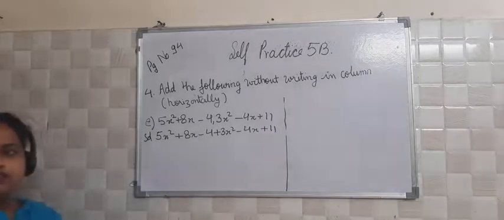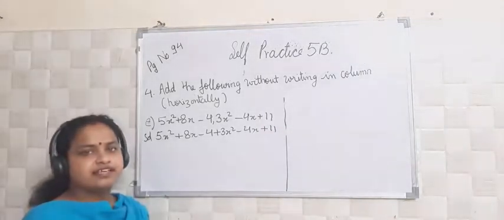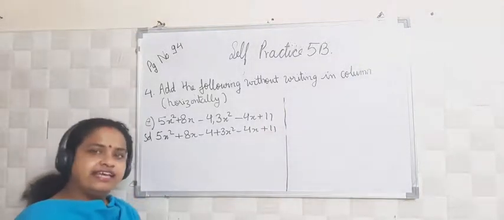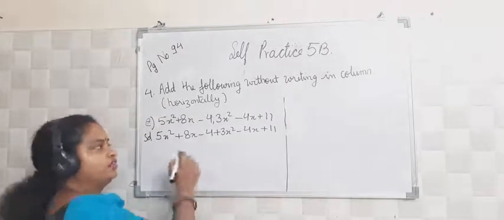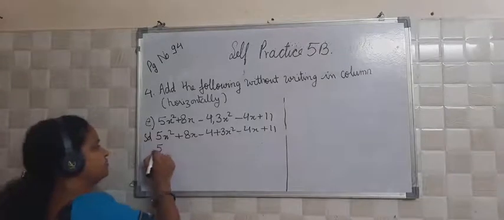Now after removing the comma, what you will do? You will take x square together, x together and constant term together. Firstly, I am taking x square together.